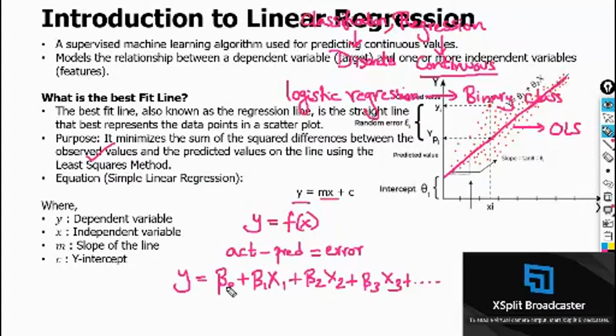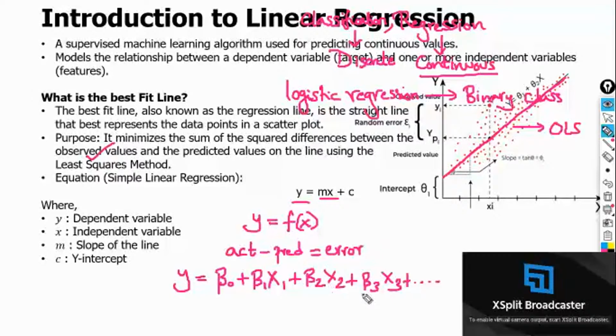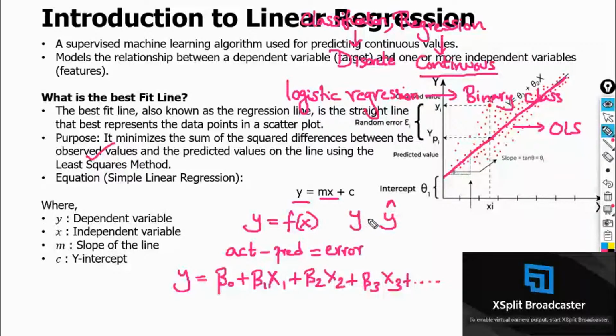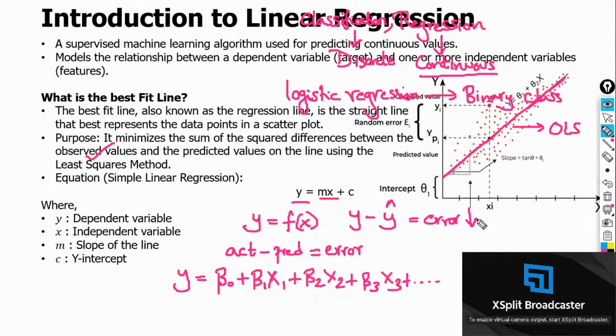Initially, the coefficients take some random values, and when you pass inputs to that equation, you'll get a predicted value, nothing but y cap. Since you already have y, y minus y cap will be the error. This error should be very small. Minimizing the error is the objective of OLS. OLS works with an objective to minimize this error.